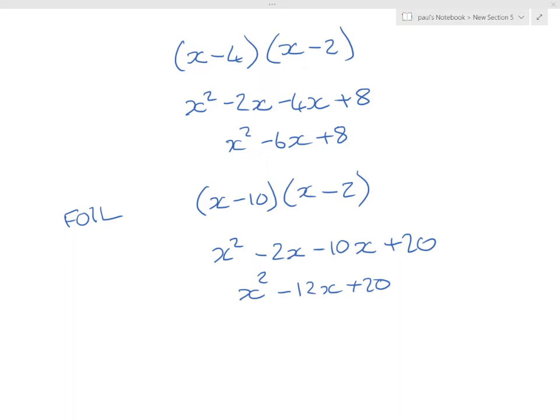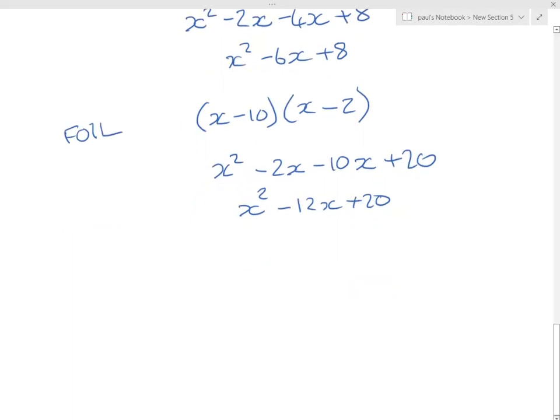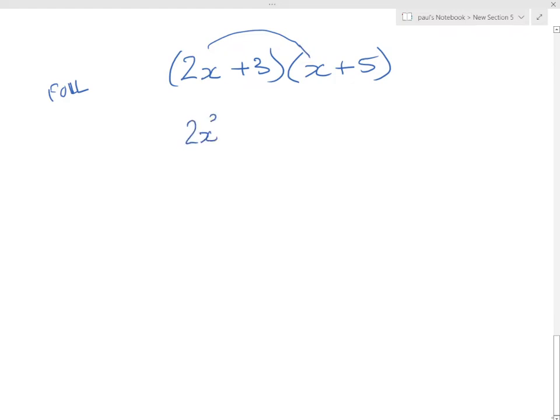And so you can get, just to make life a little bit more awkward, a number before the x, like that. So this time with a FOIL, yeah, we've got 2x times x this time, so that becomes 2x squared.